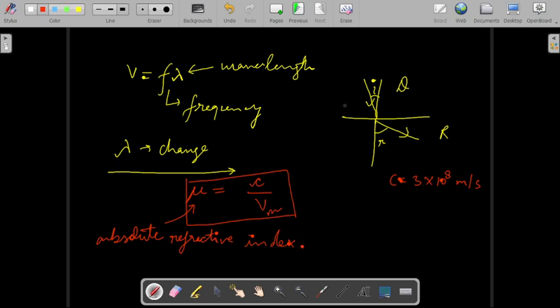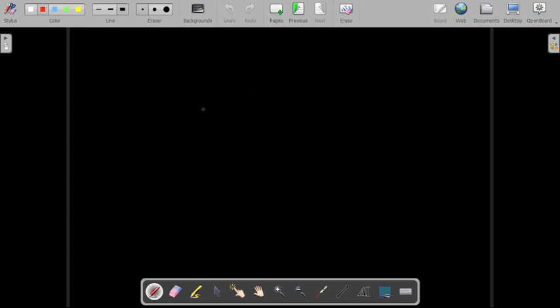Moving further to the next topic, which is a further discussion of this refractive index. Let's say again, two media separated by a separation line, and there will be a ray of light like this. After refraction, it will go something like this, considering that one was a rarer medium and this one is a denser medium. And this is my normal.